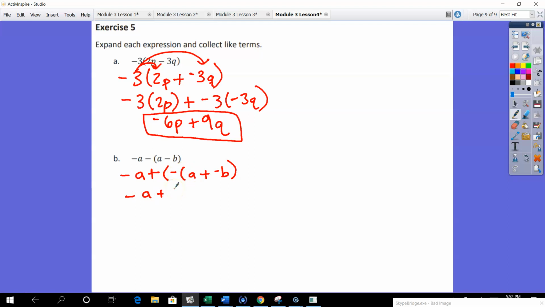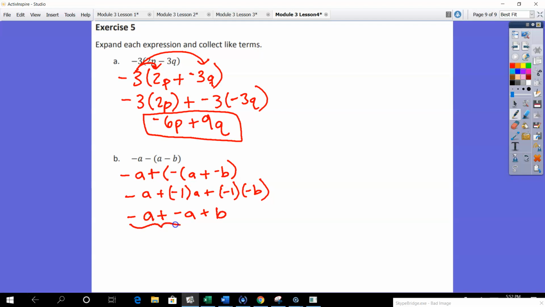So you're doing negative 1 times A and plus negative 1 times negative B. So negative A plus, we have multiplication, which would give me negative A plus negative times a negative is positive, so even number gives me a positive, even number of negative signs.